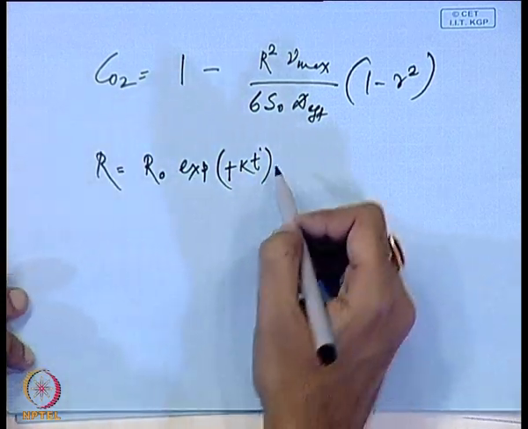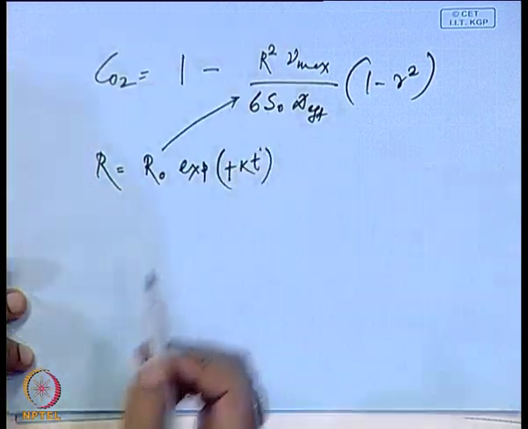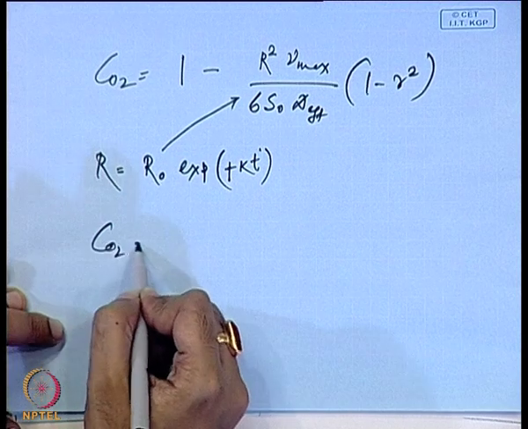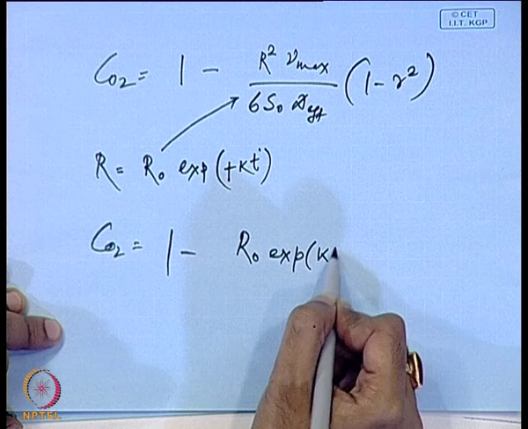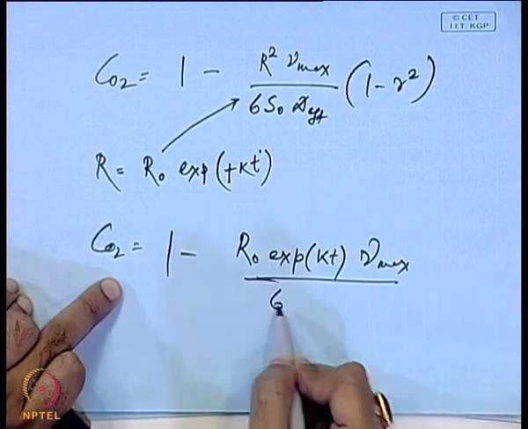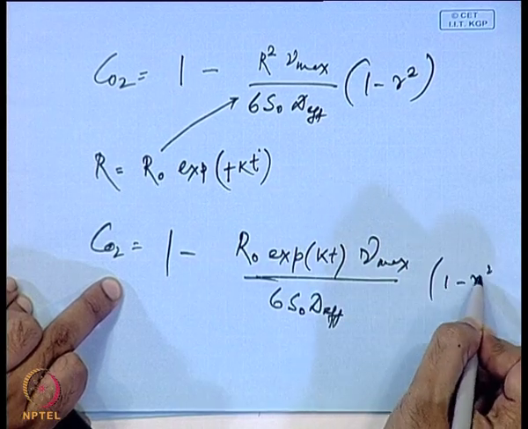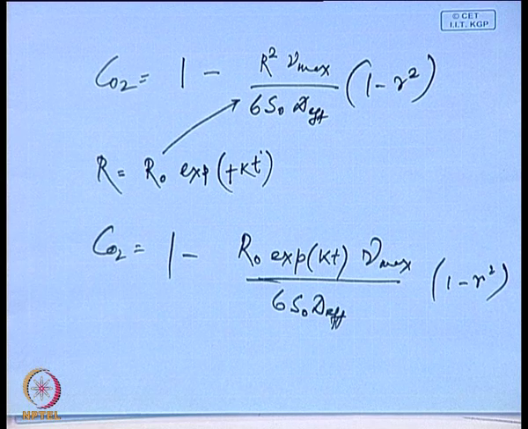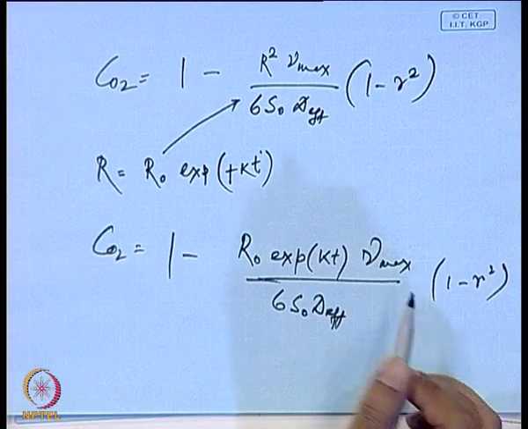So this is your r at any point of time. You put that over here, and what you get is 1 minus r naught exponential kt. If this is not exponential kt but some linear dependence, then that will come in.